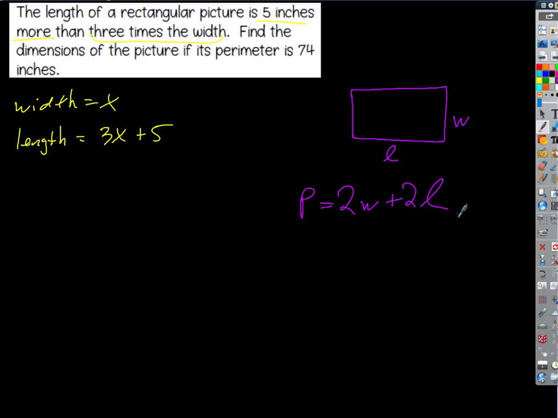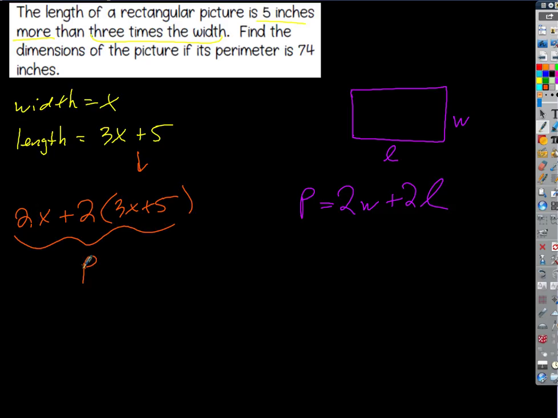Now our rectangle we know some stuff about, right? We know that the width is x and the length is 3x plus 5, right? So we could say something like, okay, 2 times the width plus 2 times the length. Isn't that whole thing just our perimeter?